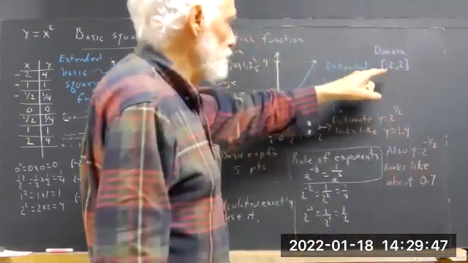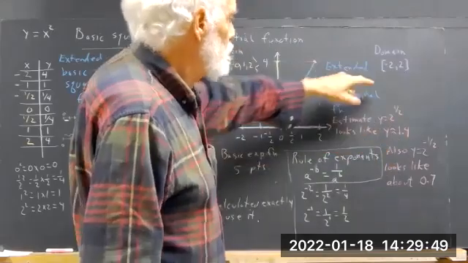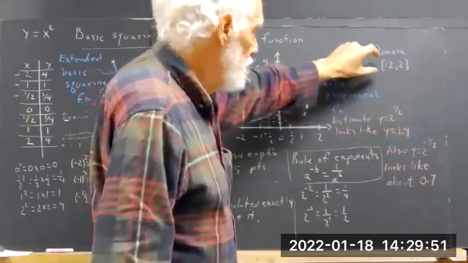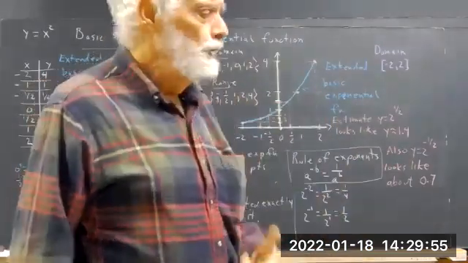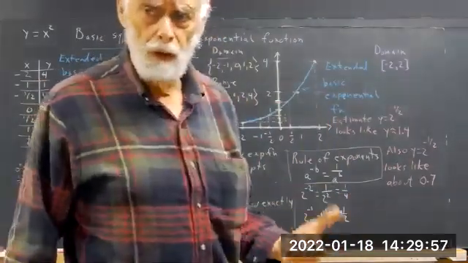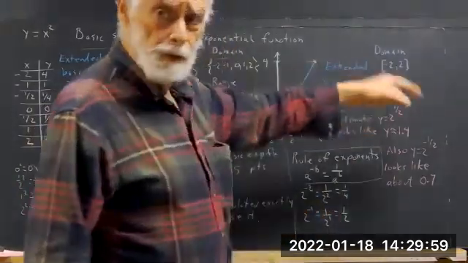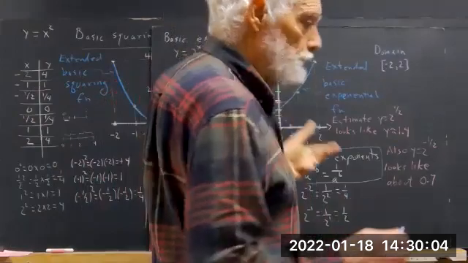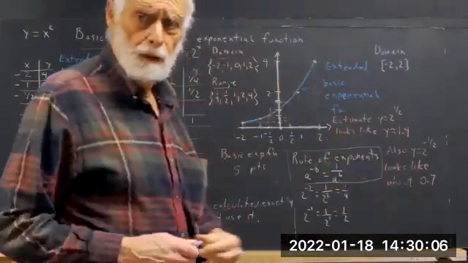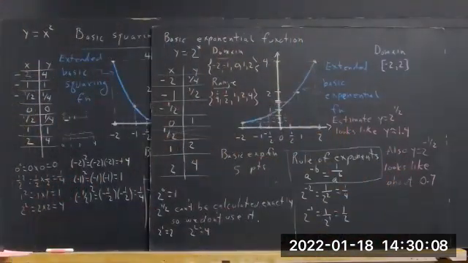The domain is the interval -2, 2, including -2 and 2, so we have the closed brackets. Now that's a notation that everybody who's had the prerequisites for this course ought to understand, but it's explained very well in OpenMath in case you lost track of it. I don't think you'll have any trouble with it.